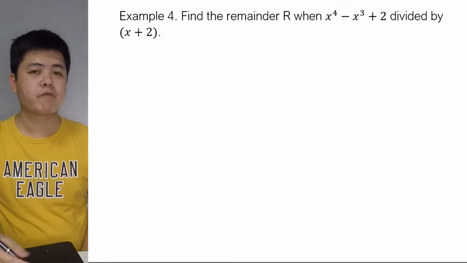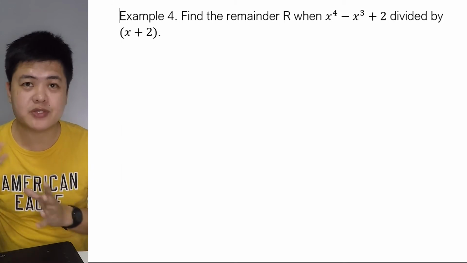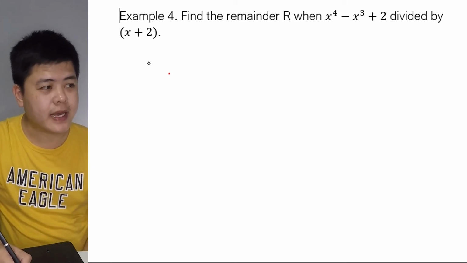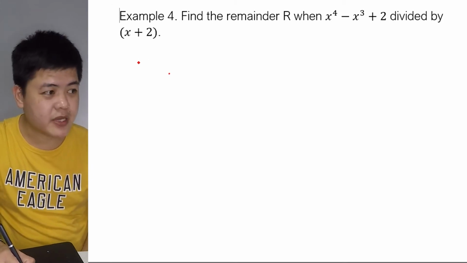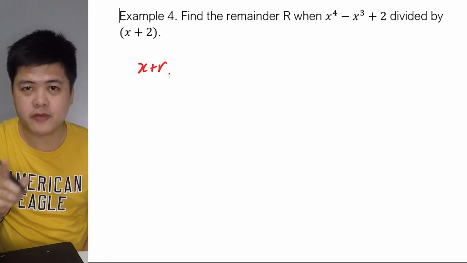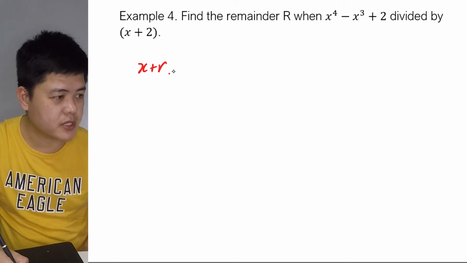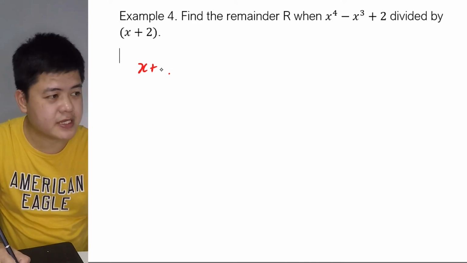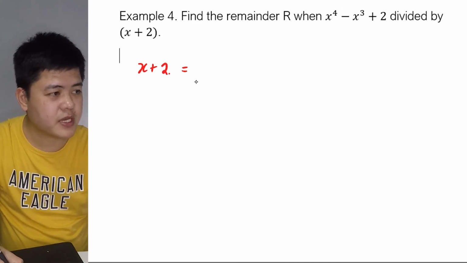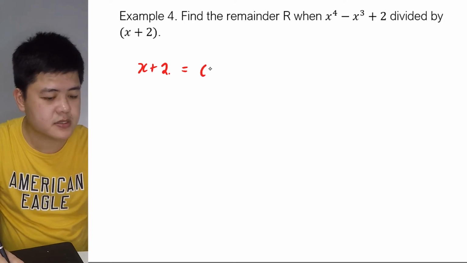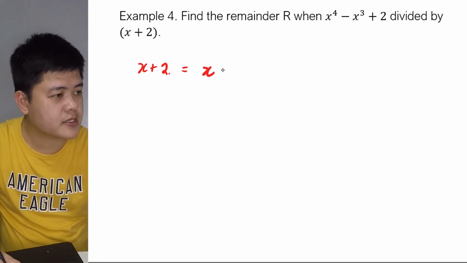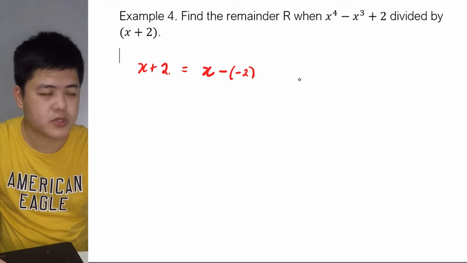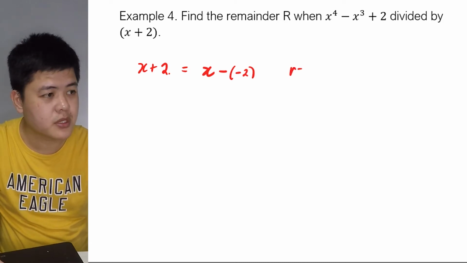In order for us to use it, we first need to express x plus 2 in the form x minus r. So, this can be written as x minus negative 2. In that case, r is equal to negative 2.